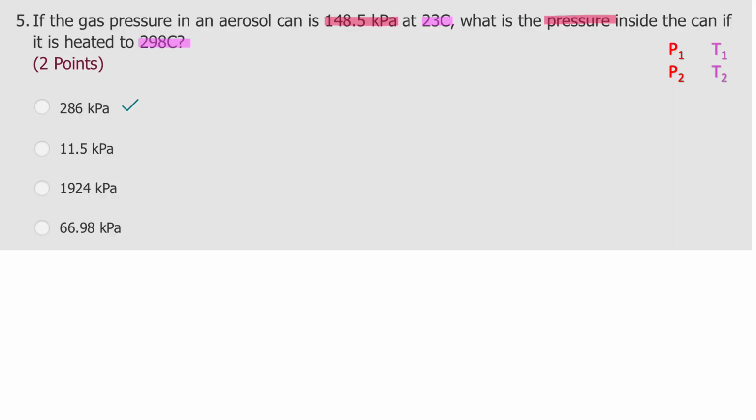All right, number 5, if the gas pressure in an aerosol can is 148.5 kPa at 23 degrees Celsius, let's add 273 to that. What is the pressure inside the can if heated to 298 degrees Celsius?